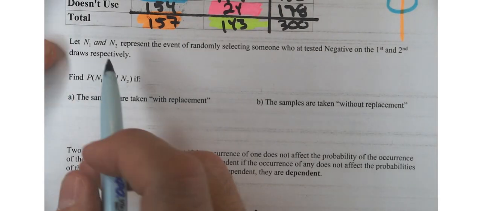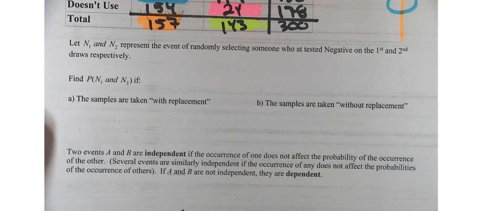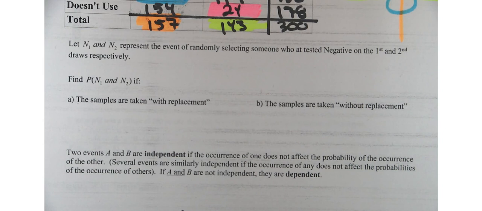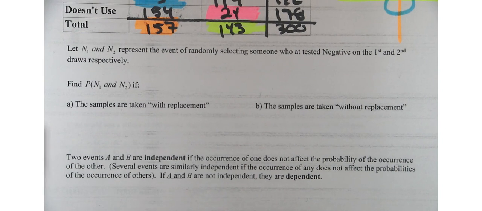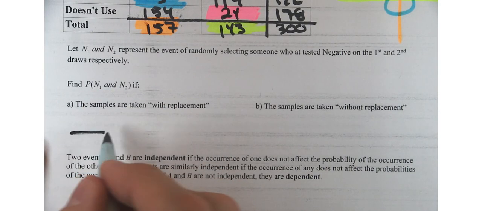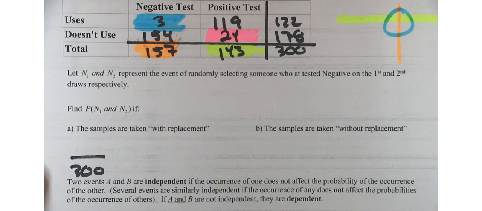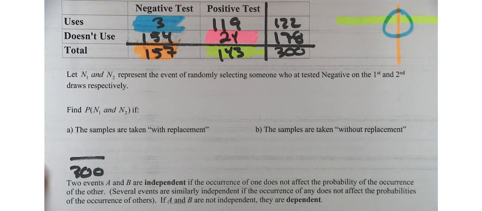But I'm going to let N1 and N2 represent the event of randomly selecting somebody who tested negative on the first draw and then on the second draw. Now, let's try and find the probability that they tested negative on the first draw. How many people tested negative on that first draw? Yeah, 157.